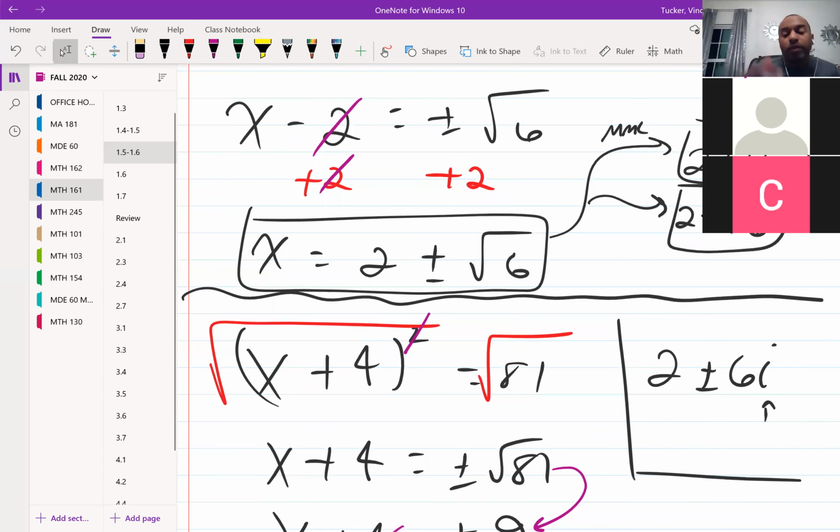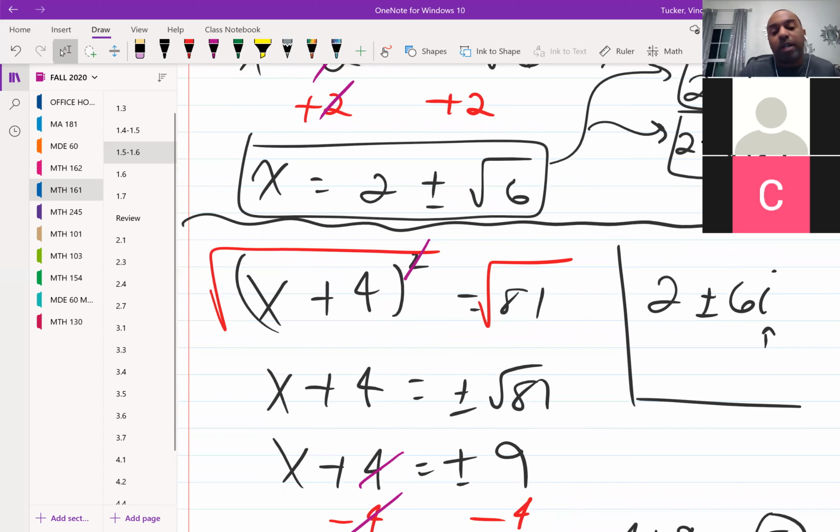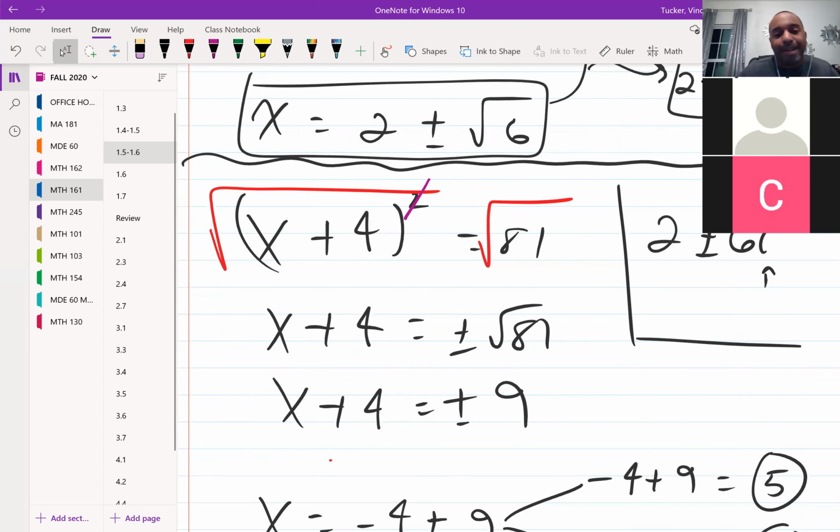And then don't forget, whenever you take the square root of both sides, that's plus or minus on the other side that you weren't canceling out the square. So it's plus or minus square root of 81. So now we have x plus 4 is equal to plus or minus 9. Square root of 81 is 9.